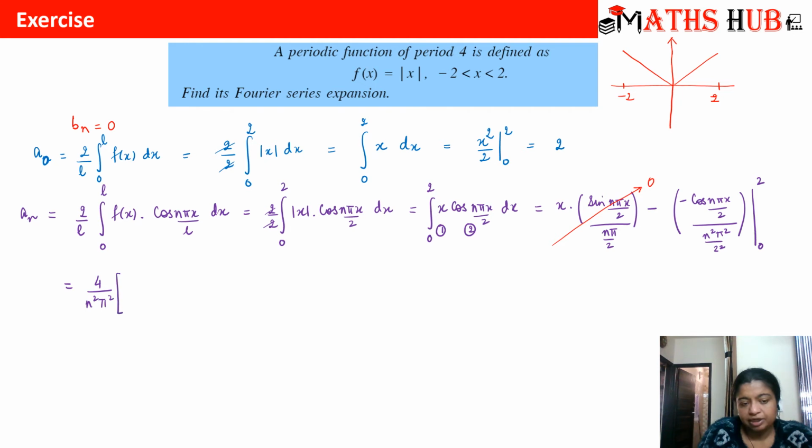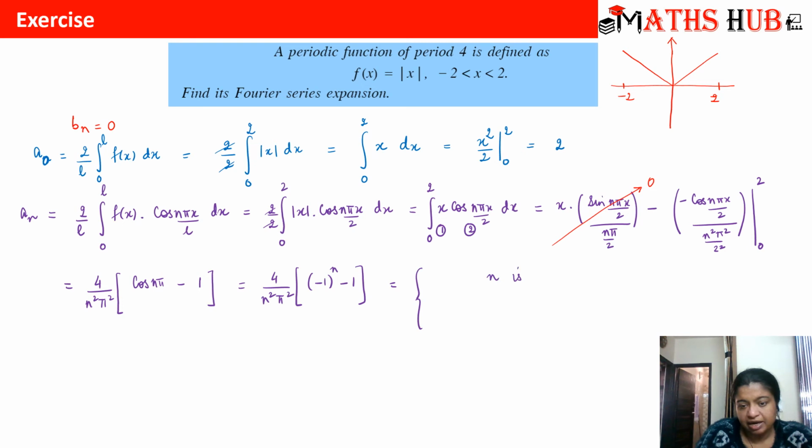Now when I put in the upper limit, I get cos n pi 2 by 2, the 2s cancel, so I'll get cos n pi. And when I put in 0, I'll get cos 0, which is 1. So this term becomes 4 by n square pi square times (minus 1 raised to power n minus 1). I can categorize this into even and odd cases.